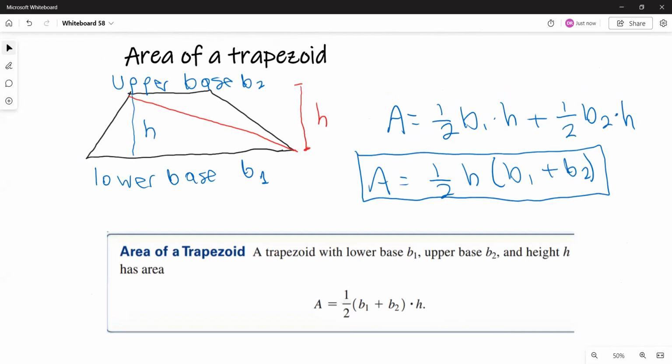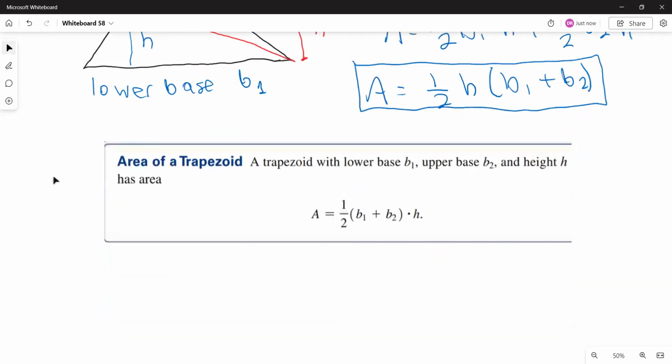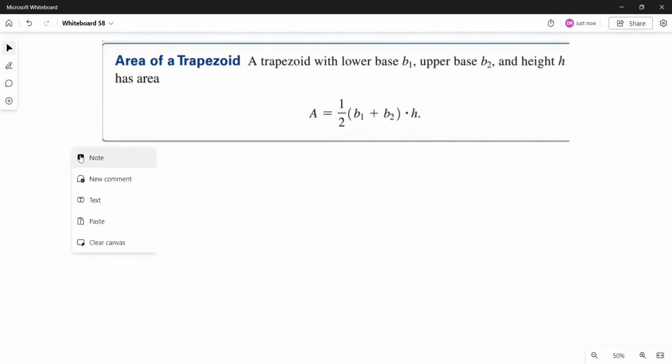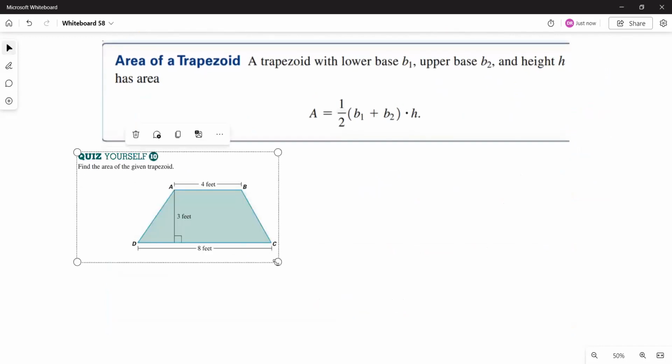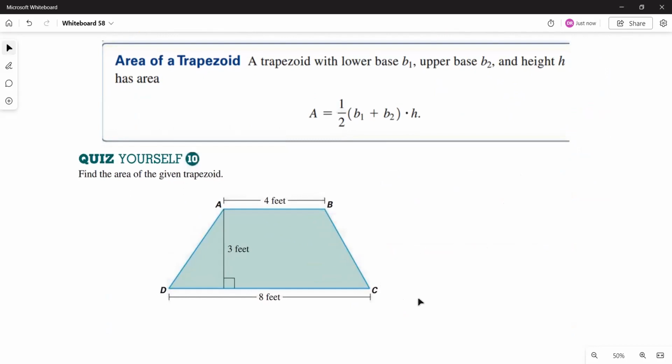We're going to use the formula to find the area of the following trapezoid. Okay, so this is page 473.